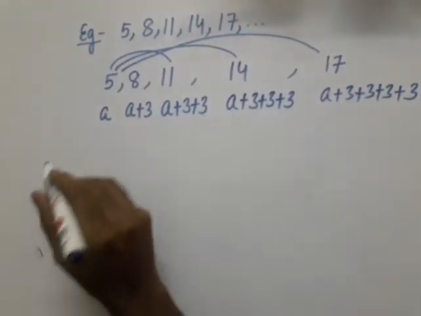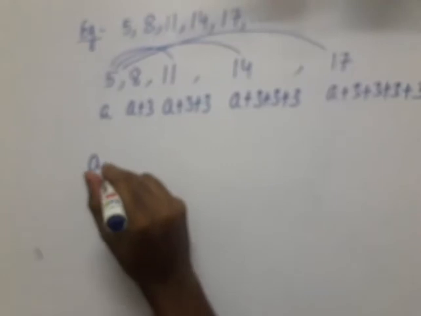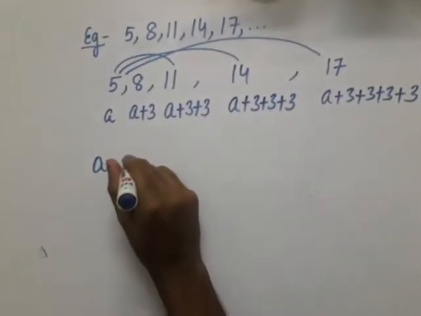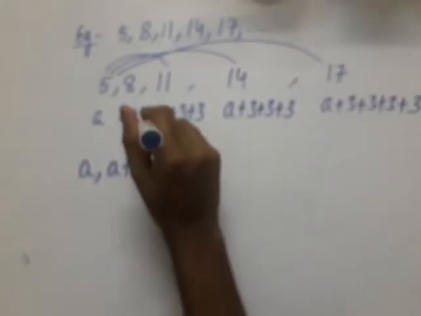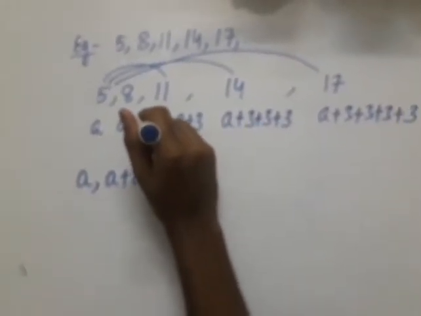So similarly, we can write the general form of a sequence as A plus D, where D stands for the common difference which we are adding.